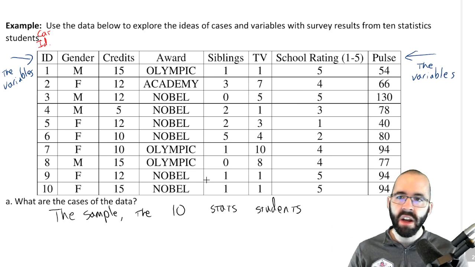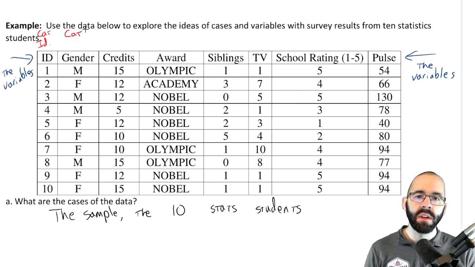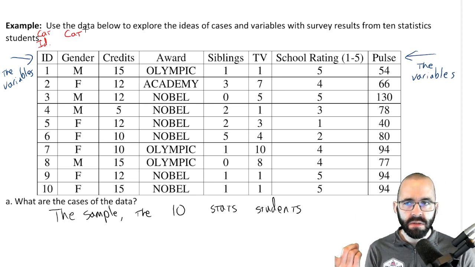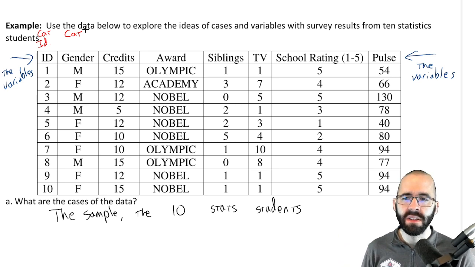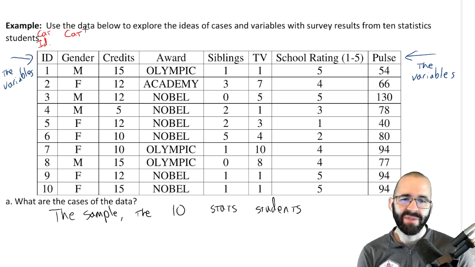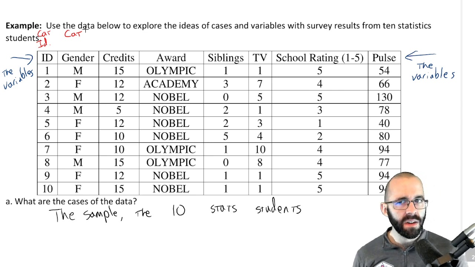Gender. Gender's not a number, it has to be categorical. Now, is it regular categorical, which is kind of the catch-all? Is it ordinal, like a rating, or something we can order? No, I can't order this. Theoretically, you could do alphabetical order, but by that logic, you can order anything. So that's not really a way to count something as ordinal. Isn't it an identifier variable? You might think so.